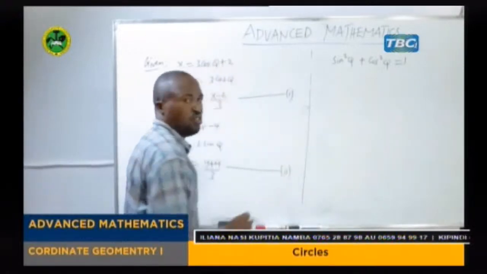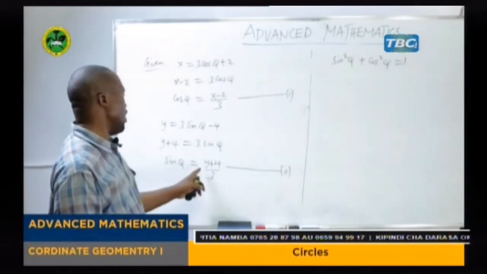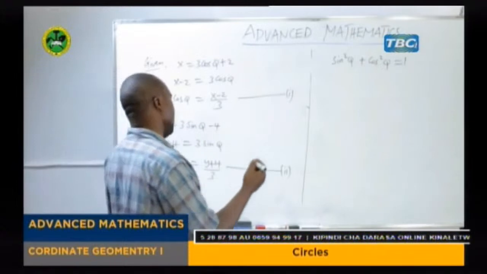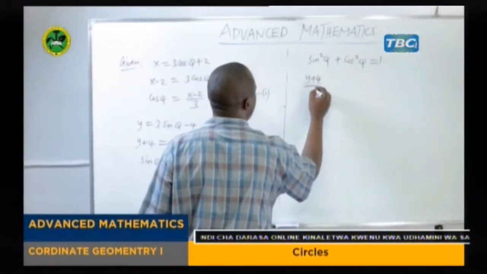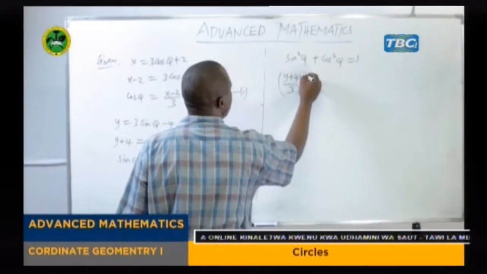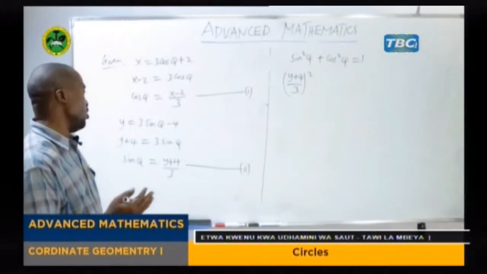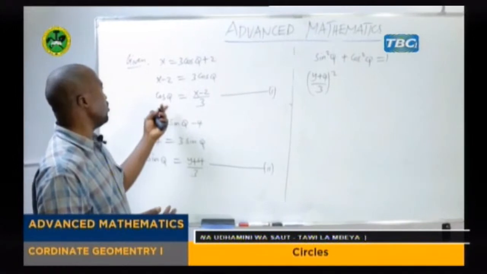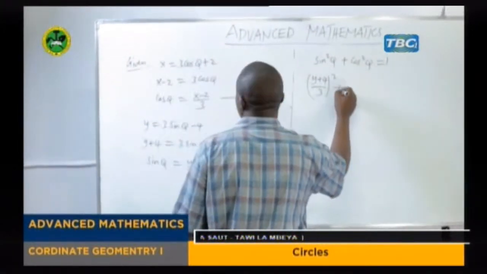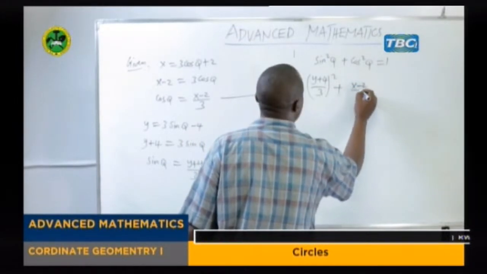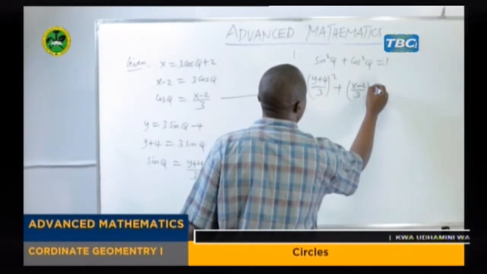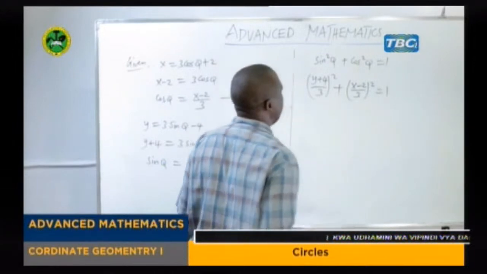So for sine q, we have y plus 4 over 3, but this one is squared. Then followed by cos q, that is plus x minus 2 over 3 squared is equal to 1.